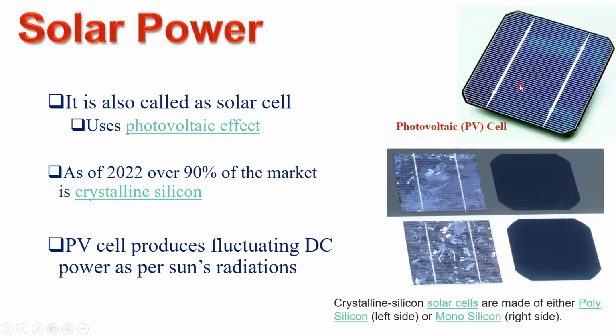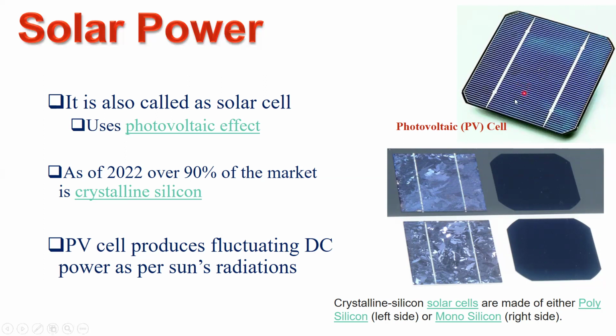Why are we calling it fluctuating? Because the sun rays are not the same in intensity. For example, in the morning, you will have some radiation power from the sunlight. In the afternoon, that power of radiation will intensify. In the evening, it will drop again. And at night, it is negligible.